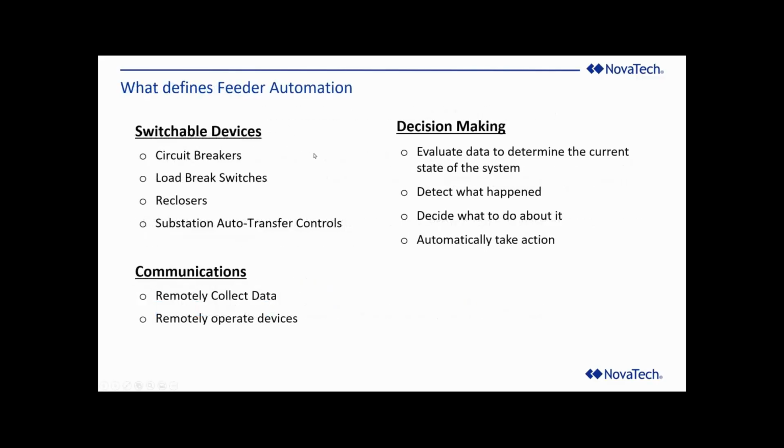What defines distribution automation is you have to have automated devices that you can talk to, devices that you can send a control to open or close, devices that you can gather information from to be able to evaluate the system and make a decision as to what exactly happened and what you are going to do about it.